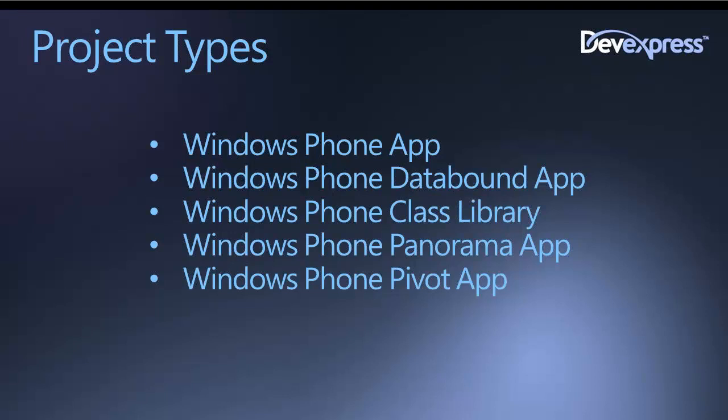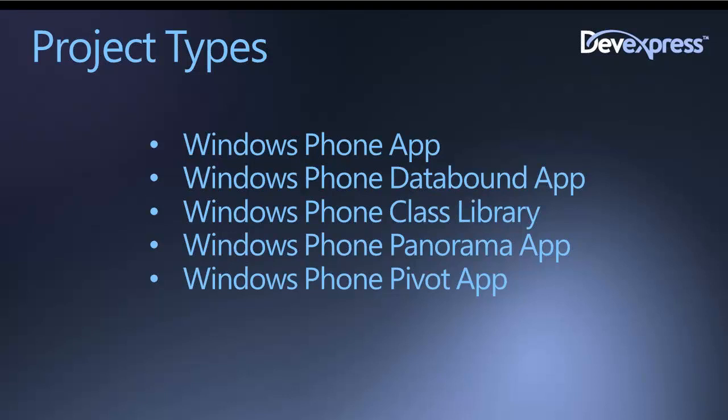The Pivot app, these are apps that basically give your users the ability to filter and sort data within your app. And so these are pretty much the opposite of the Panorama control. The Pivot is more of I need to get something done. I need to see this data a certain way. It's very efficient, but it's not the panorama.